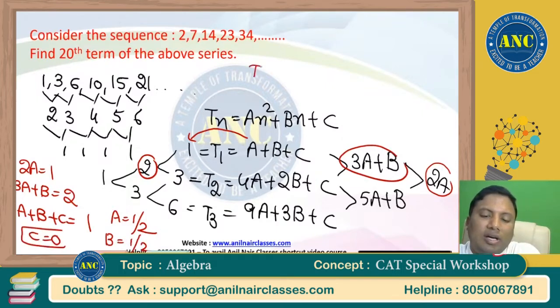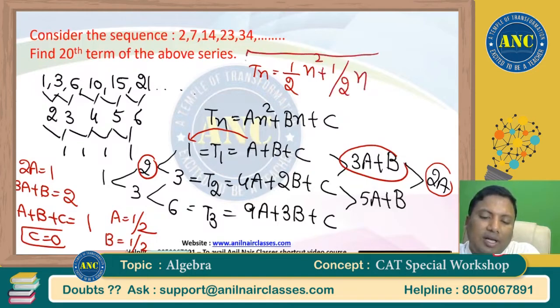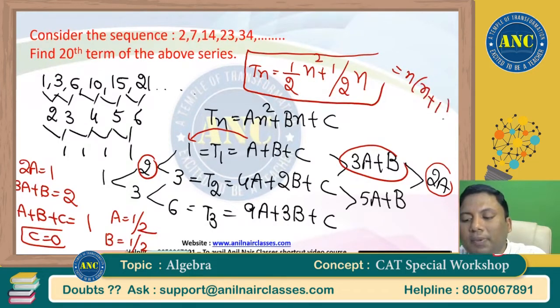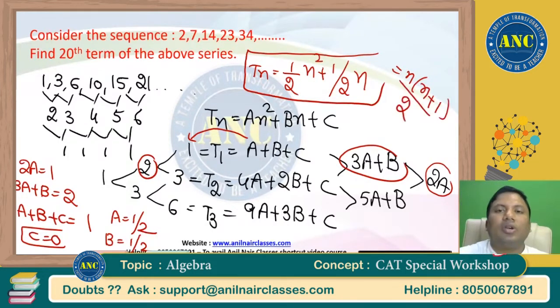So Tn is nothing but half n square plus half n, which is nothing but n into n plus 1 by 2.